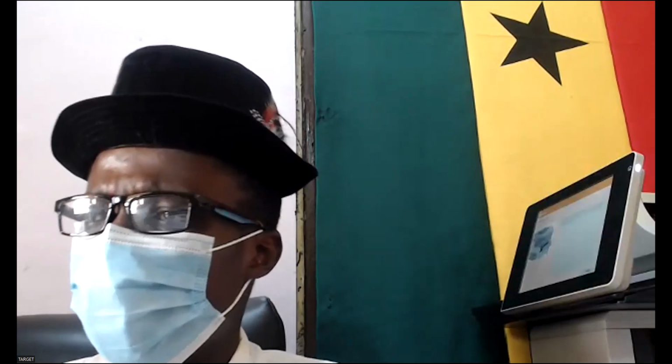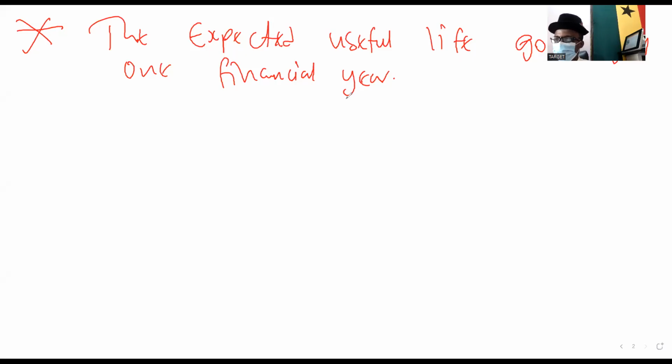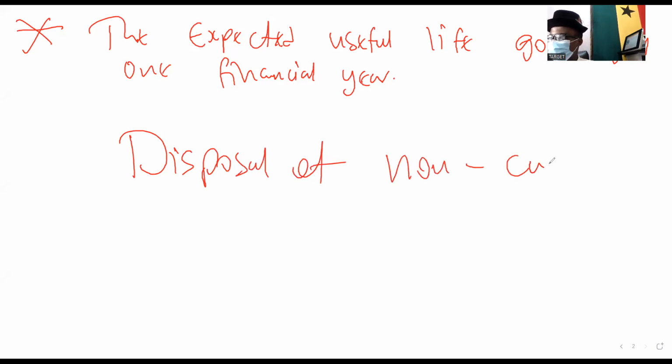So along the line, there will be a need for the entity to dispose of that asset. In that case, how do they account for the disposal of non-current assets?